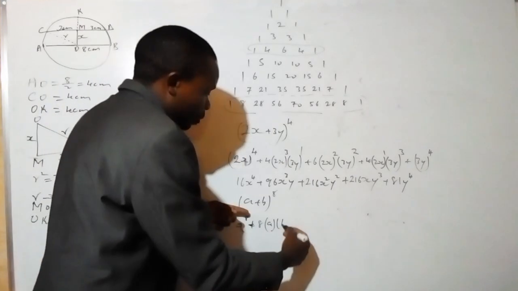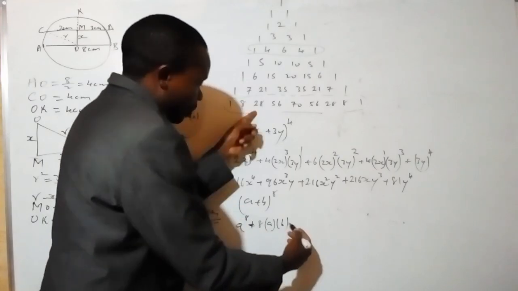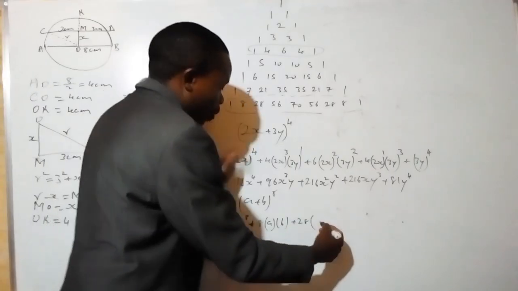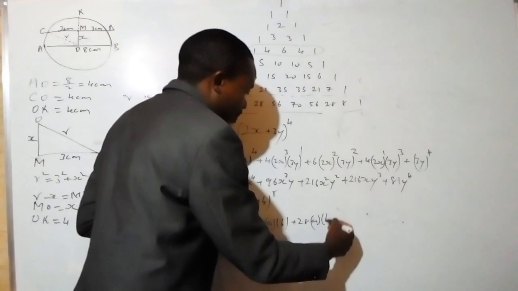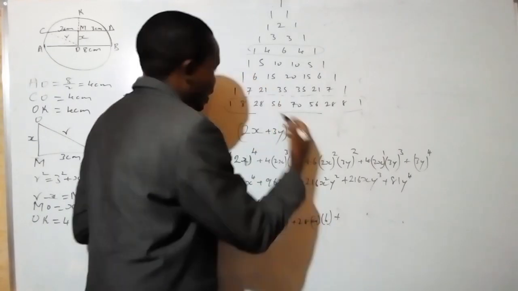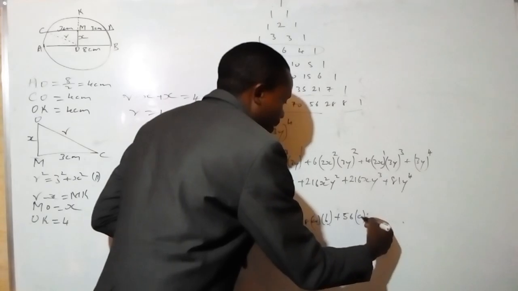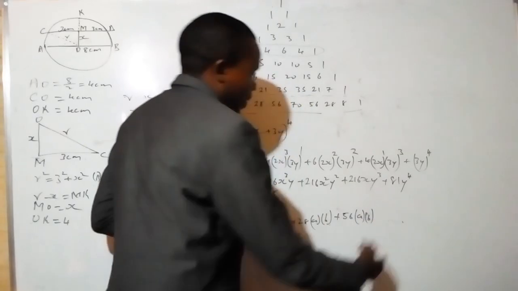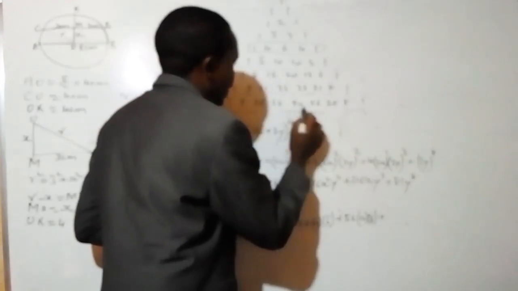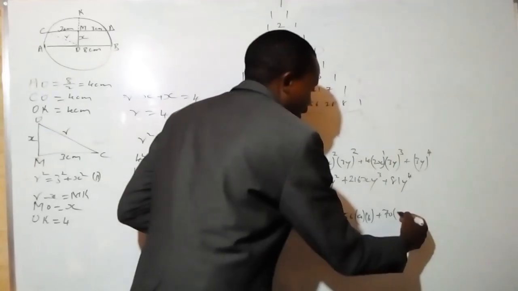We proceed to 28. Open the bracket a, b, plus 56. Open the bracket a, b. We proceed to 70. This is our 70 here. 70 a, b.